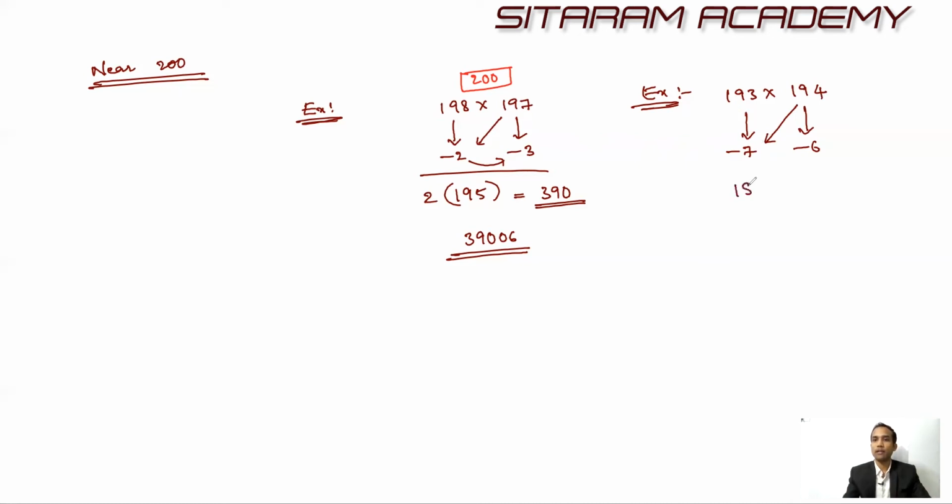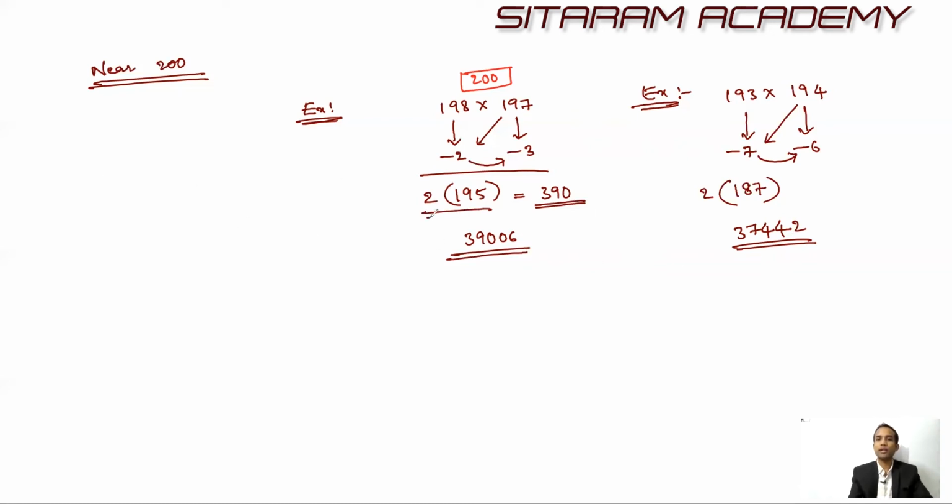So we will get 187, but we need to multiply it with 2. When you multiply it with 2, what will happen? 2 sevens are 14, 2 eights are 16, 17, 2 ones are 2, 1, 3. 374 you will get. After getting 374, we write the product of these, 42, as the last digits of the answer. Hope you understood this. If the numbers are more than 200, apply the same method.